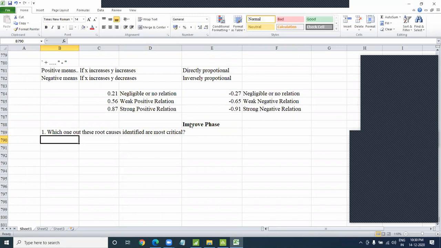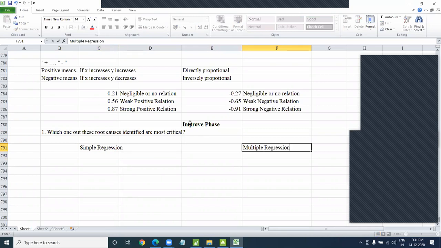I may get, say, 3 or 4 different root causes, but all root causes may not be equally important. Some may be very important, some may be less important. So I need to understand which ones are more important so I can focus more on them and little on the other ones. For that, we would go ahead with regression. When we talk about regression, we'll be dealing with 2 types of regression. One is simple regression, and another one is multiple regression.